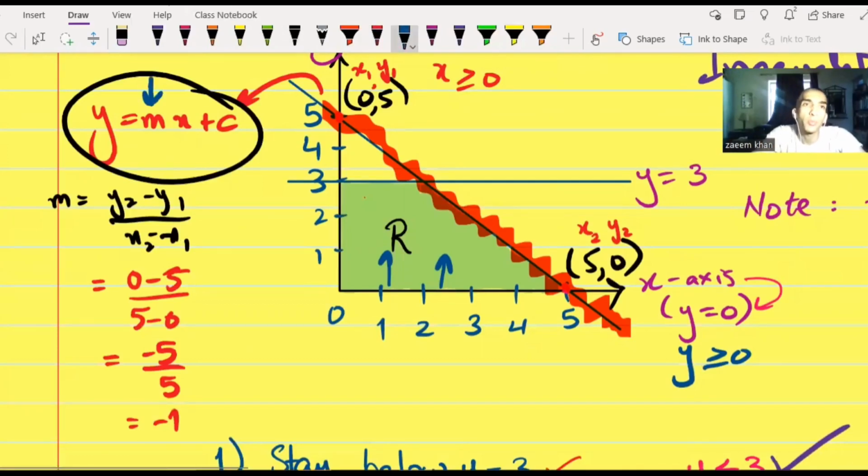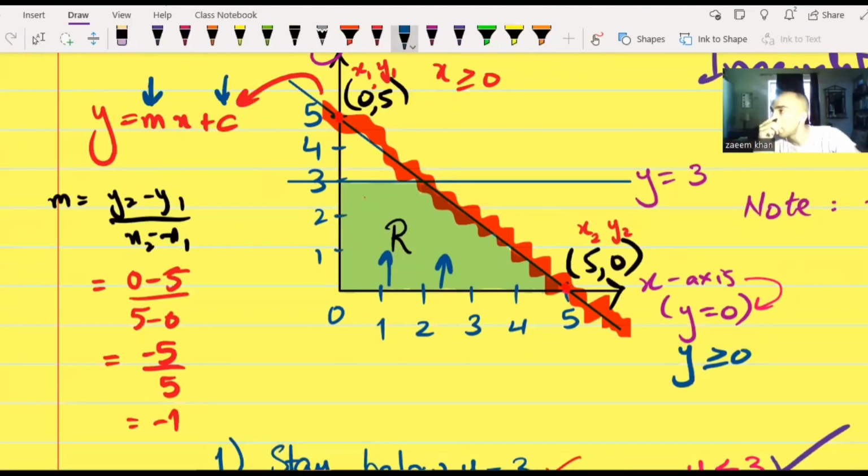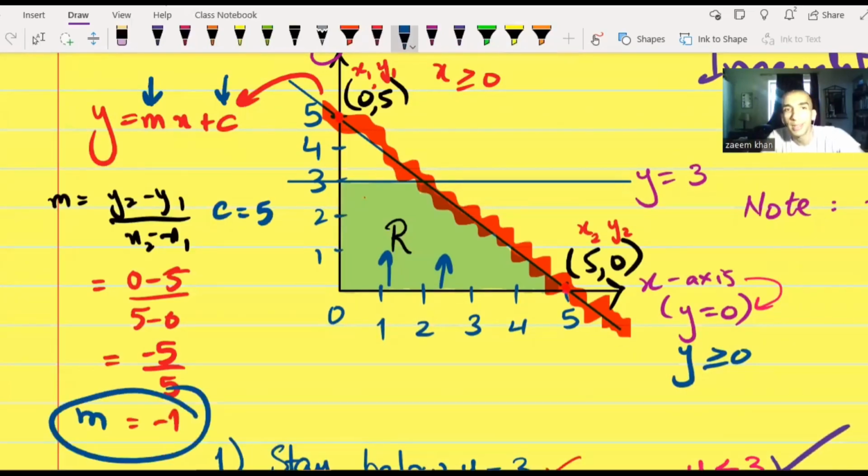What's the other value that we're supposed to find? C, the y-intercept. What's the y-intercept? It'll be 5. So the value of c, I can write that down over here as it is. That's going to be 5. The value of m that's down here that you found out was negative 1.